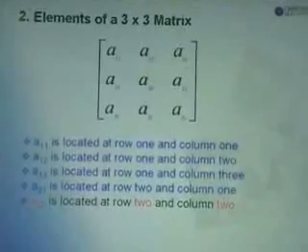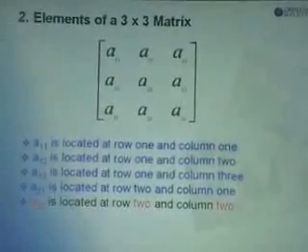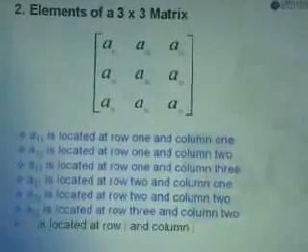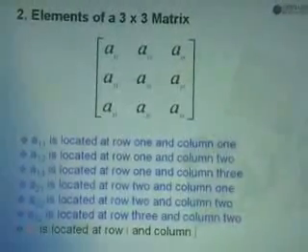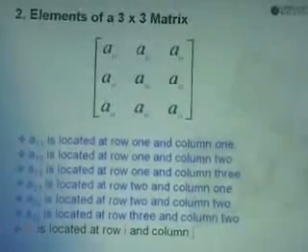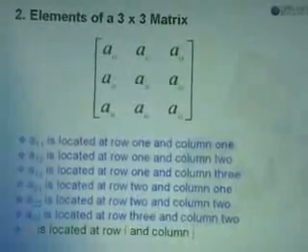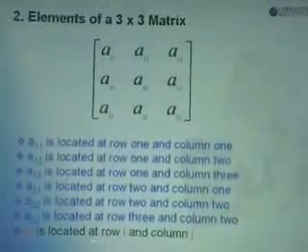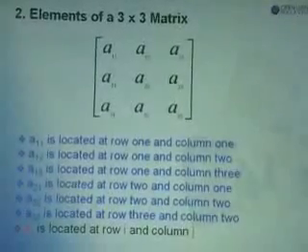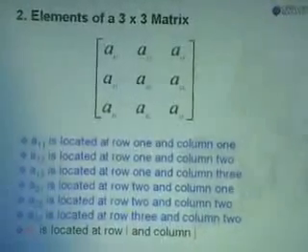A22 is located at row 2 and column 2 and so on. Yeah? And A32 is located at row 3 and column 2. So in other words, if we are given an element which is identified as Aij, that means that element is located at row i and column j. Okay? Let's move on to the next slide.